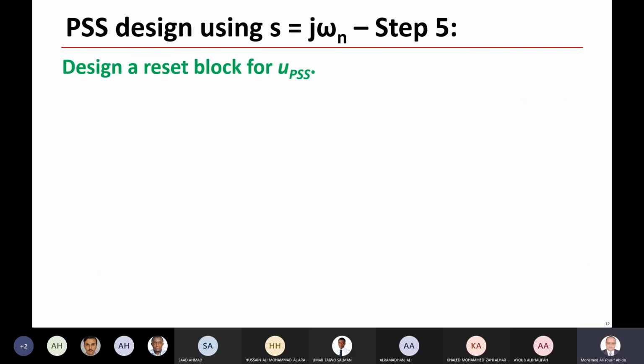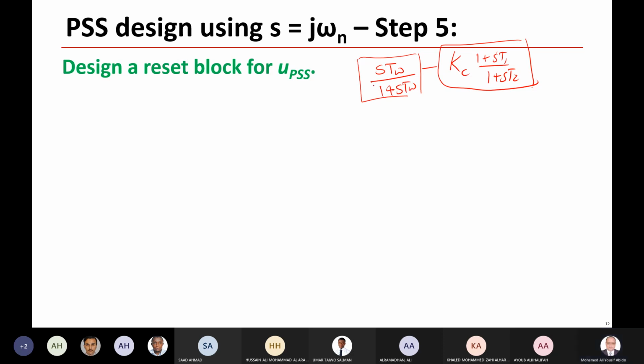Okay, now we have a KC already designed. We have 1 plus ST1 and 1 plus ST2 already designed also. So the remaining is the reset block, STW over 1 plus STW. How to design this block? This is called the reset.